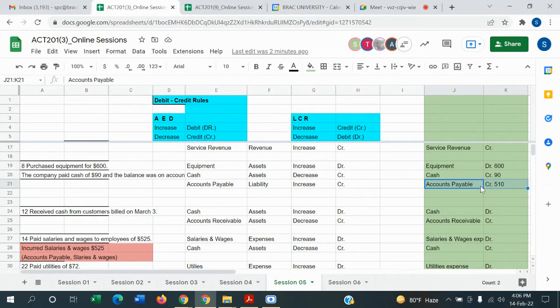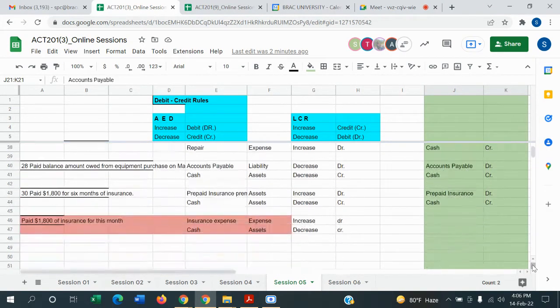So accounts payable, your liability, decreased, and you paid by cash, so cash asset decreased. So accounts payable and cash. Is it okay? Yes, sir. Cool. Thank you, sir.